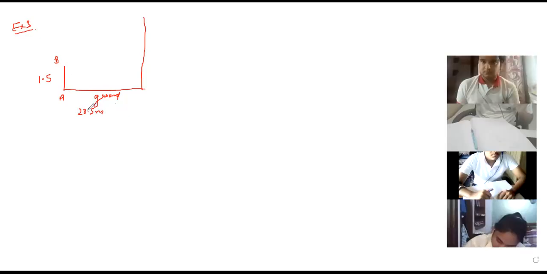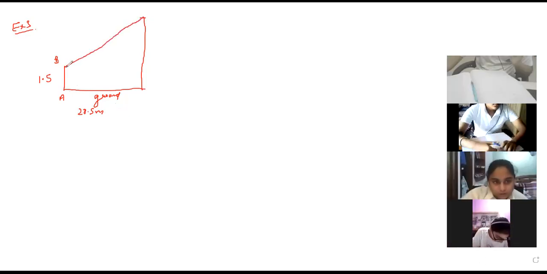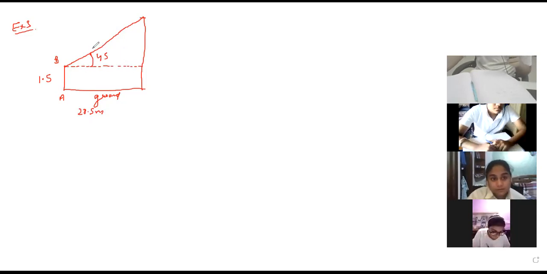The angle of elevation of the top of the chimney from her eyes is 45. So this is the top of the chimney, the angle of elevation, and this is the line of sight. Clear?